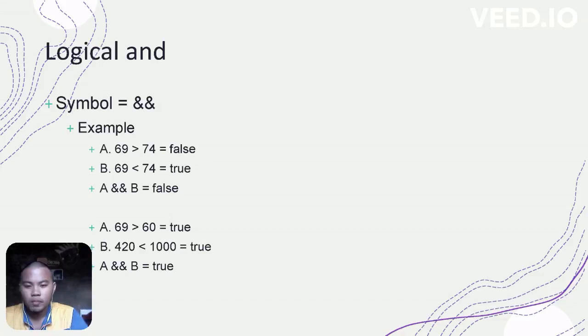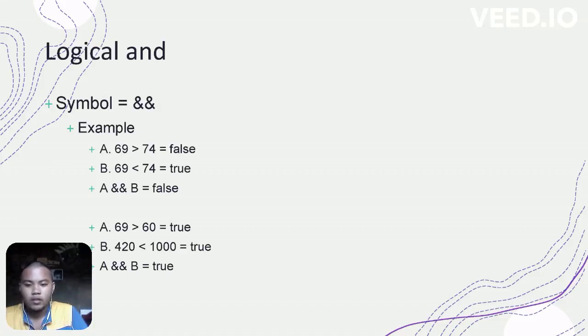Now, in the second example, A is true while B is also true, and A logical AND B equals true, since both are non-zero, both are true, and it equals true.